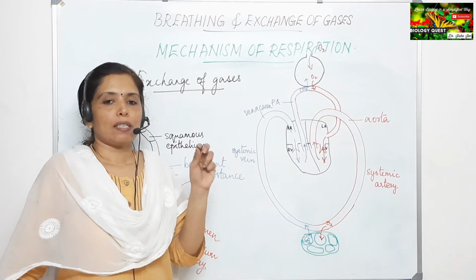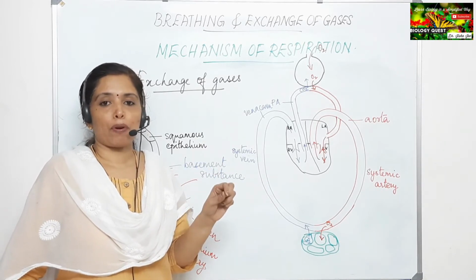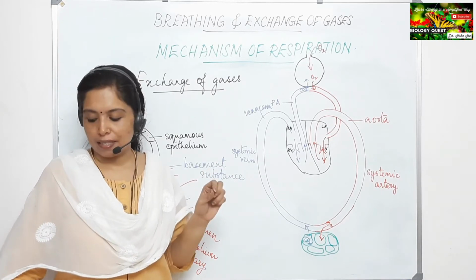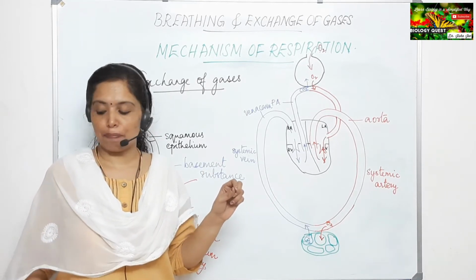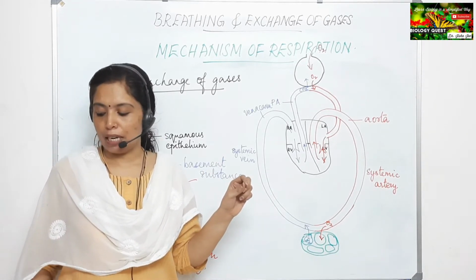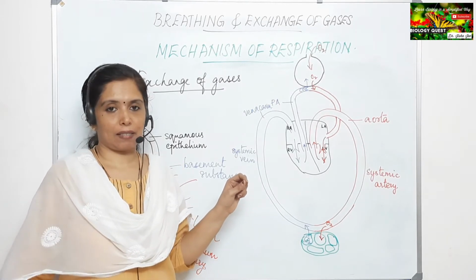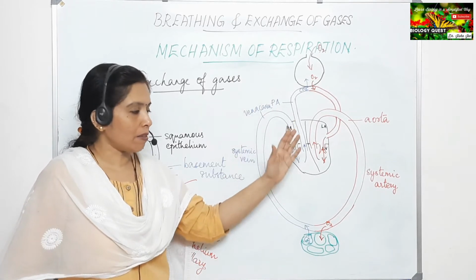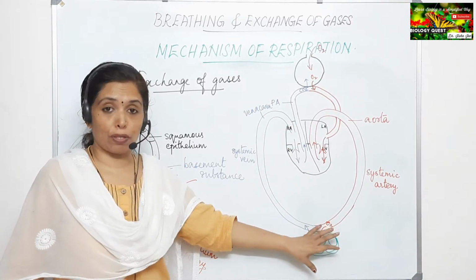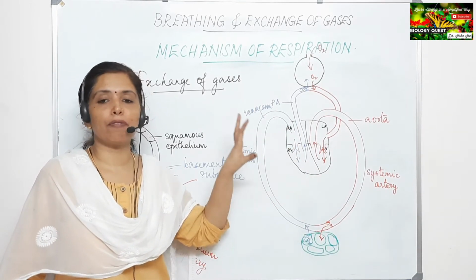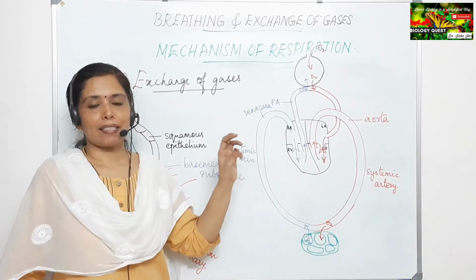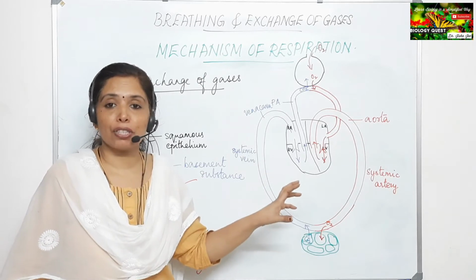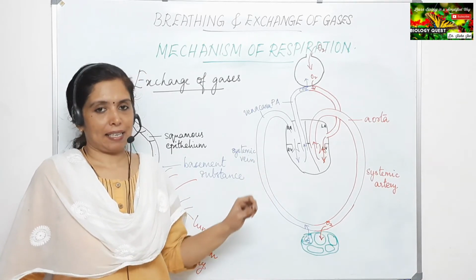Diffusion is based upon the partial pressure of the gases. So exchange of gases both at the alveolar surface as well as in the tissues occurs by diffusion, and this process depends upon the partial pressure of the gases.